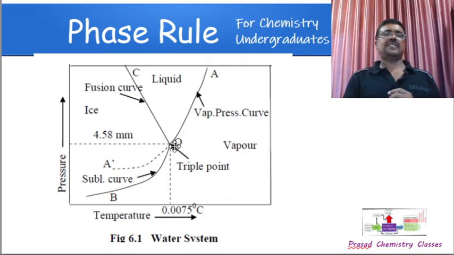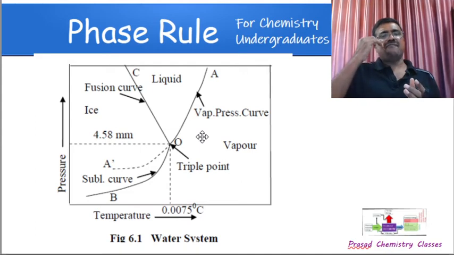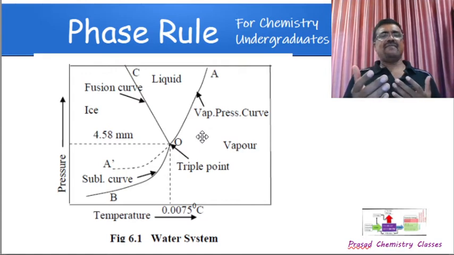And we have this curve OA. That is called the vapor pressure curve of liquid water. It gives us the variation of vapor pressure with temperature. Or we can consider it as the variation of boiling point of the liquid with confining pressure. Both are given by the same curve.